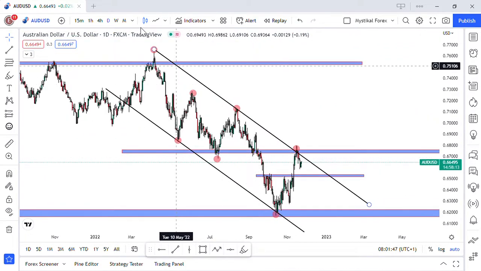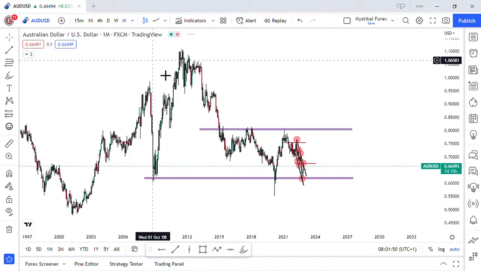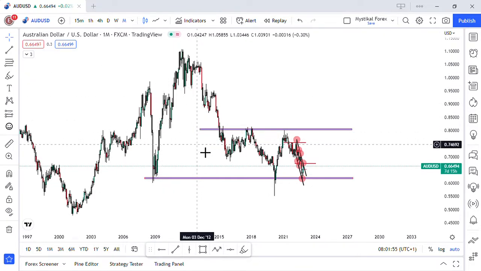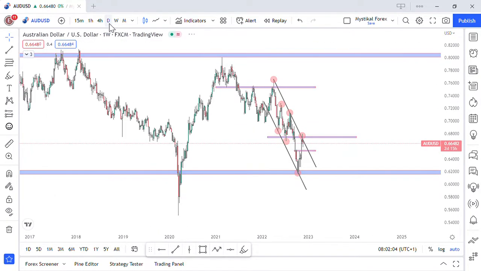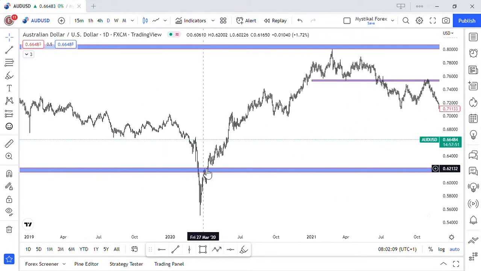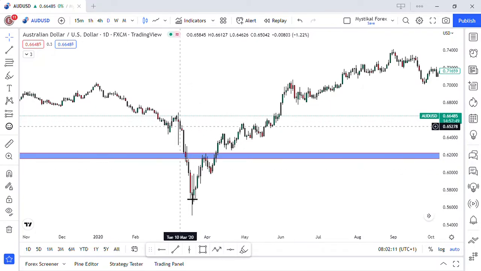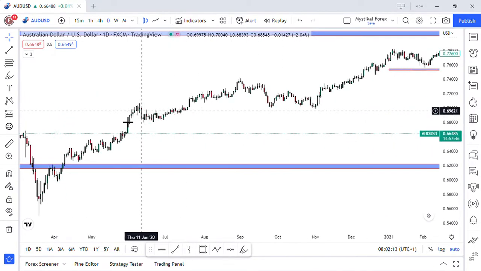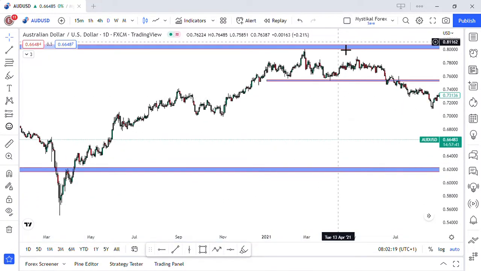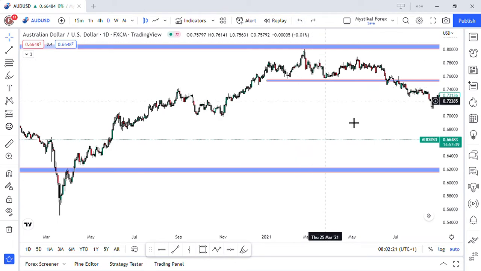That is quite a strong level on the monthly time frame, not on the weekly, not on the daily, not on the 4-hour, 1 hour, on the monthly time frame. Quite a strong move. That is wonderful. You can even see it here. This is like a W formation, and the market just did what it could.